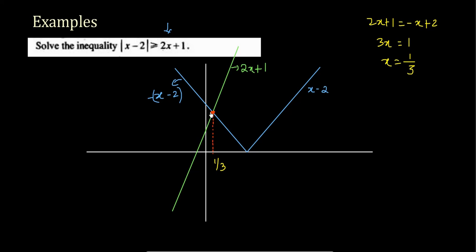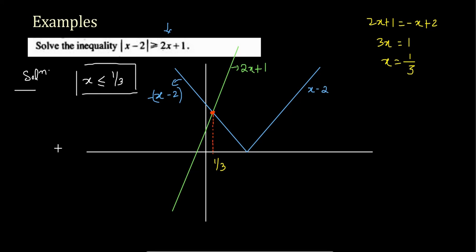So the solution will be on the opposite side, means for all the values of x which are less than 1 by 3, the blue curve, the mod of x minus 2, will always be greater than this green curve, which is 2x plus 1. Okay, so from the graph I can write down the solution as: for all the values of x which are less than or equal to 1 by 3.